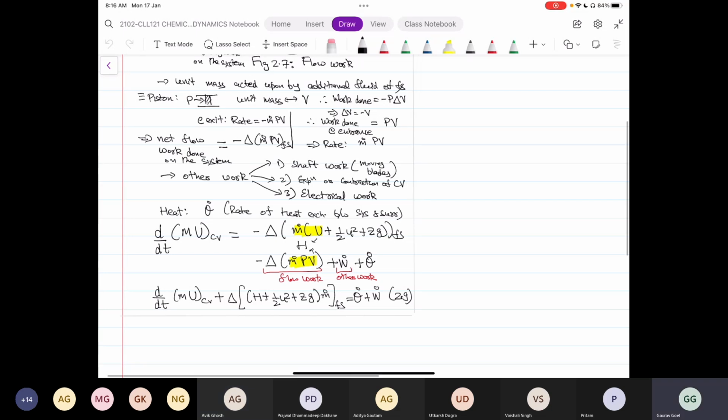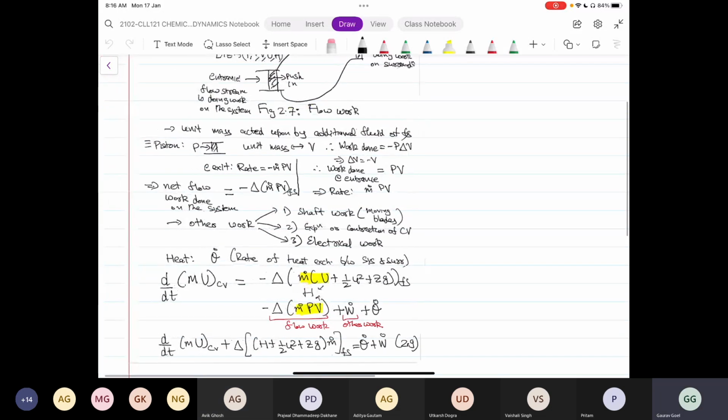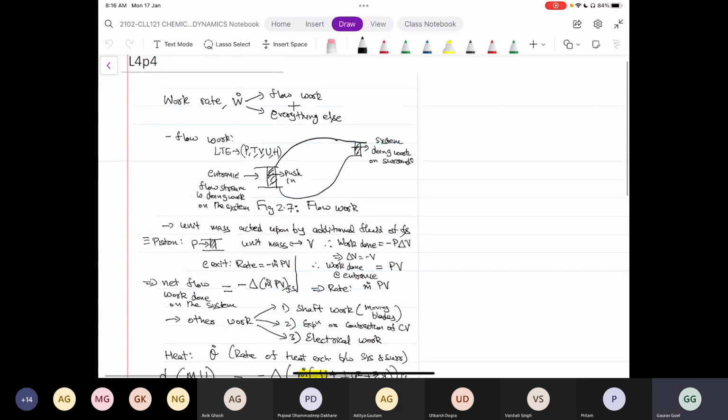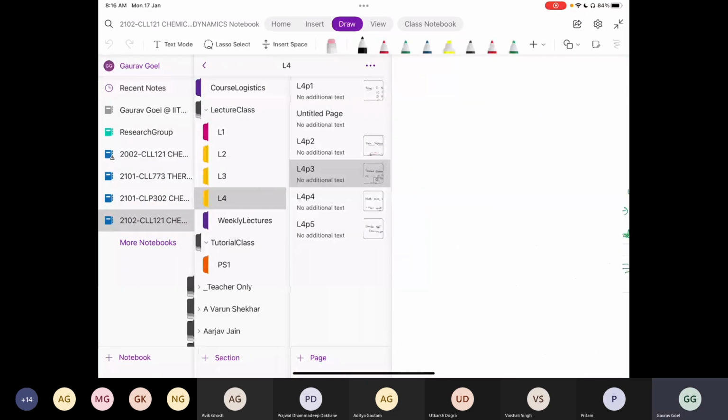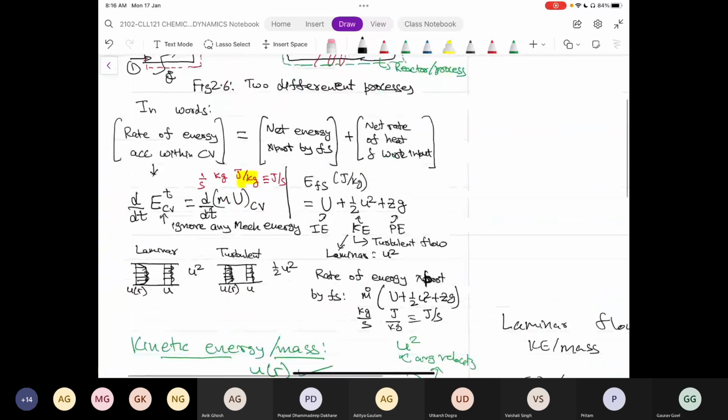Let's take one more step back. The net energy transport by flow streams is the convective in and convective out.